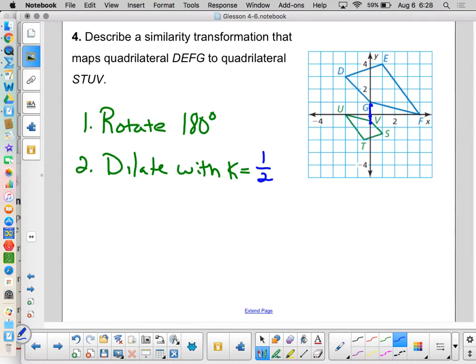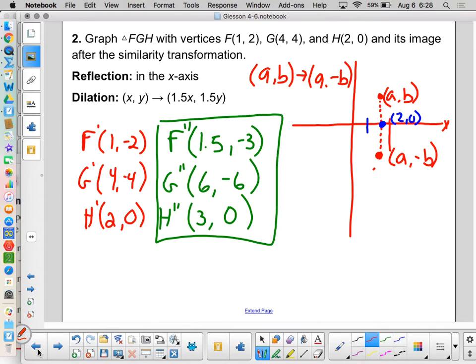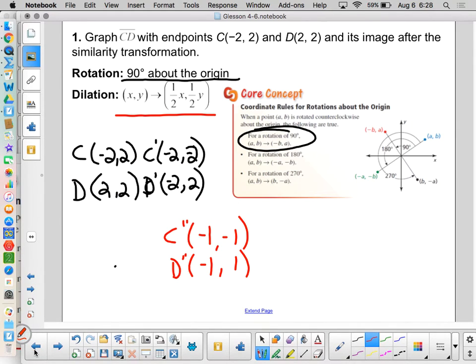Again, how do we test it? We pick a point. In fact, we should probably pick several points. But let's just pick point E. E is at the point (1, 4). If I rotate E 180 degrees, E primed, let's look at our rules again, because these we don't have to have memorized.